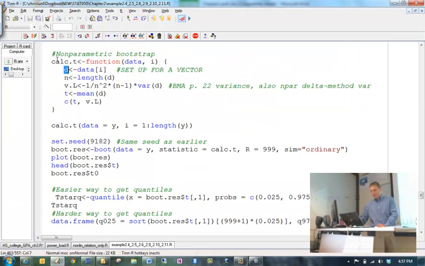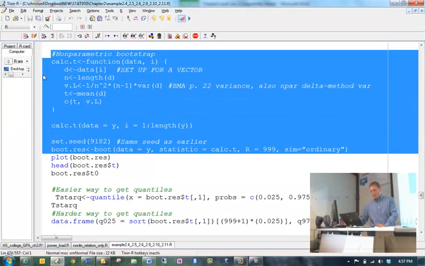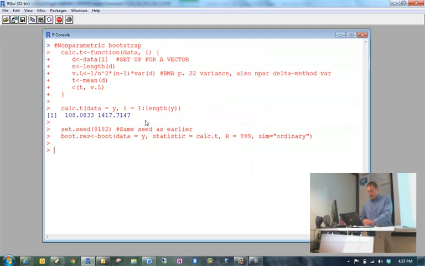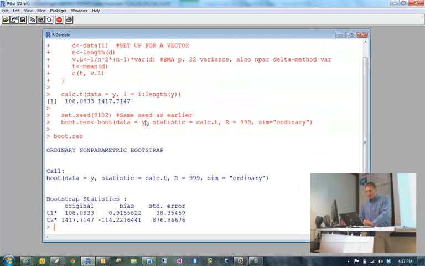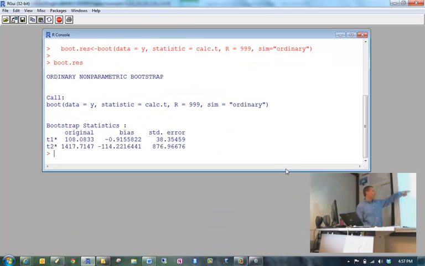Let me do this so you can see what happens. When I type boot.res here, what's new to us is the fact that now I have a second line of output here, because this corresponds to the variance. So this is V again, what we saw before.